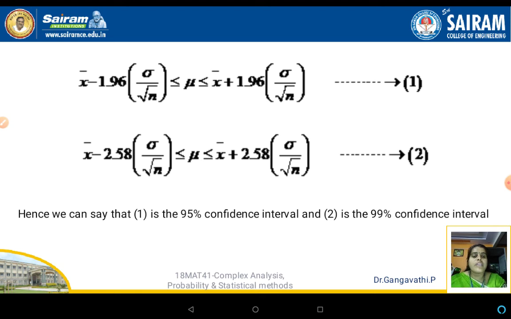This equation is with respect to the 99% confidence interval. You need to remember these numerical values given for the 5% and 1% significance levels, and the confidence intervals, in a proper way.